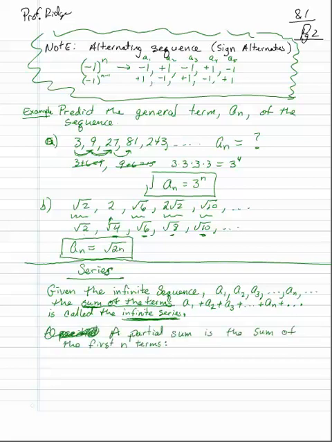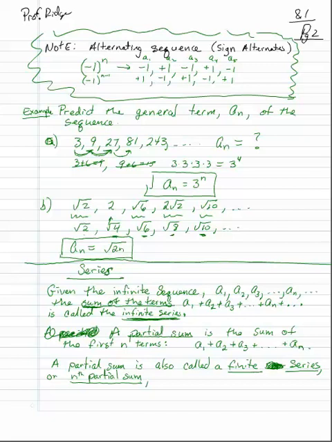Okay, so now a partial sum is the sum of the first n terms. So maybe we don't want to add them all up, we just want to add up the first 10 terms, or the first 3 terms, or the first however many terms, right? So we'll say n for whatever number we want. If we want to add up the first n terms, that's called a partial sum. It's also called a finite series, or the nth partial sum, and is denoted S sub n.